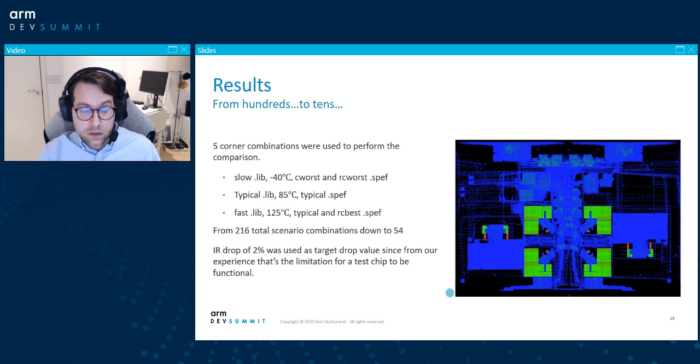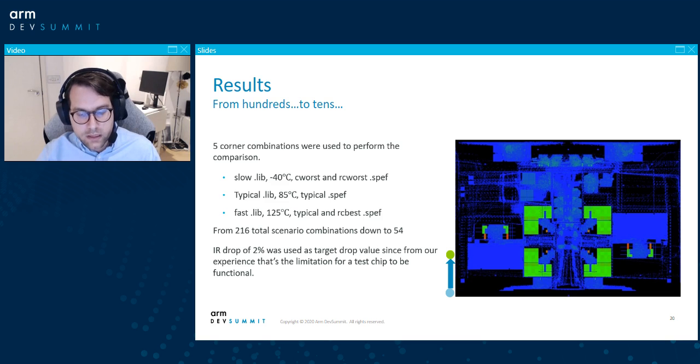So in the first image, you can see the RC worst, I'm sorry, the C-worst, slow library at -40 Celsius. On this one, you can see the C-worst, slow library at -40 as well. So you kind of start seeing that the whole design drop: blue indicates that the drop is good, and as it becomes greener and more orange and more red, the drop becomes higher.